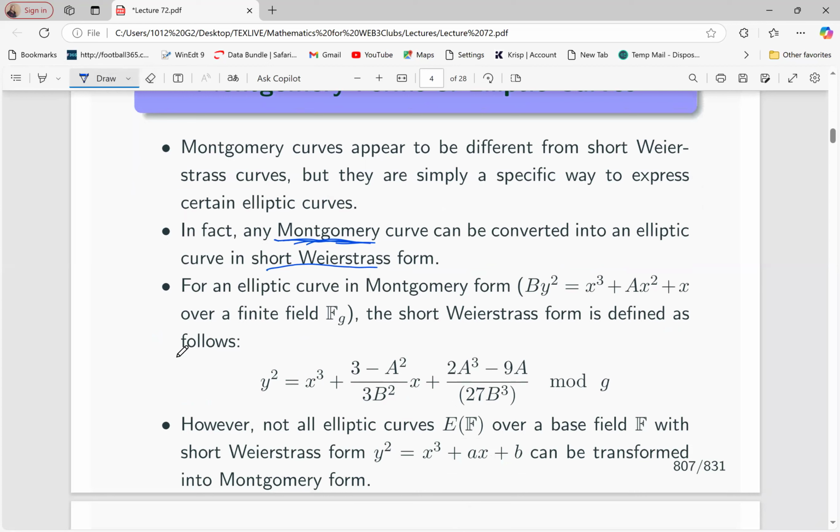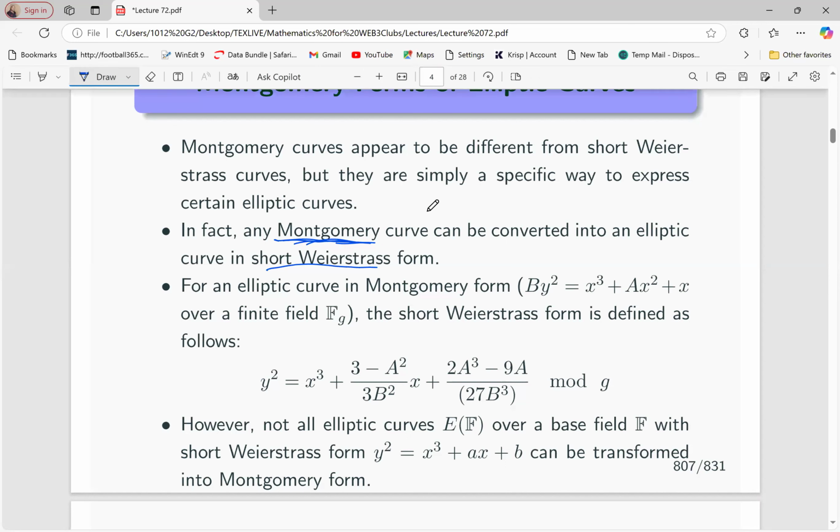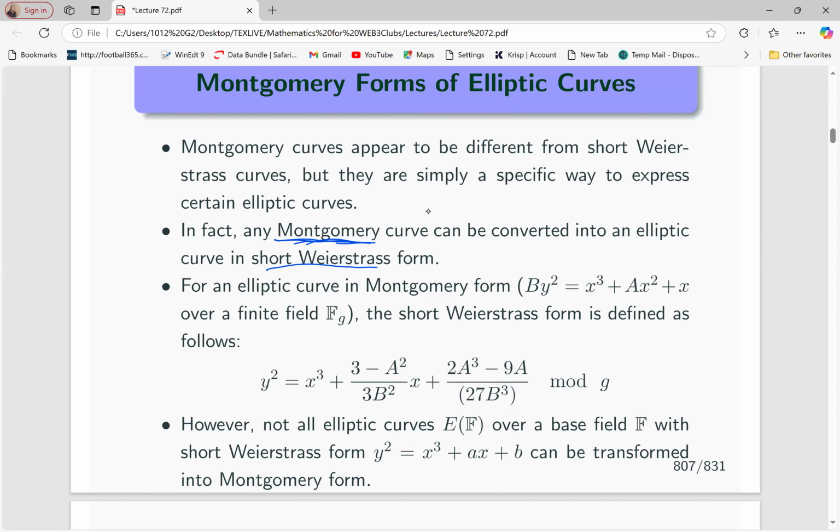Now, how do we convert from Montgomery? Let's begin from Montgomery to the short Weierstrass, because we know that every Montgomery curve can be converted to short Weierstrass. Later on, we shall see which short Weierstrass forms can be converted. For an elliptic curve in the Montgomery form over any finite field, its short Weierstrass form will be defined like this.